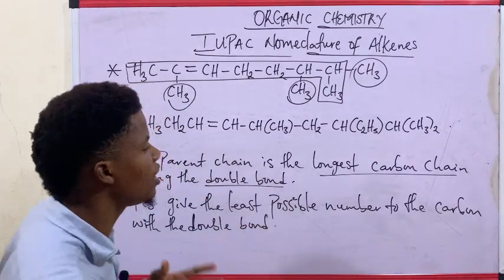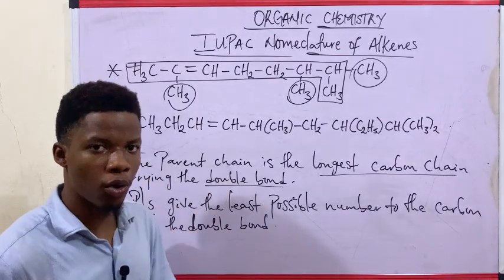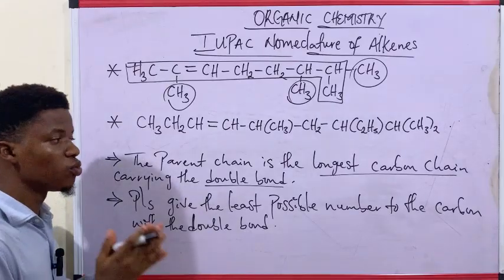So you want to give the least possible number to the carbon with the double bond. That is what we are doing.